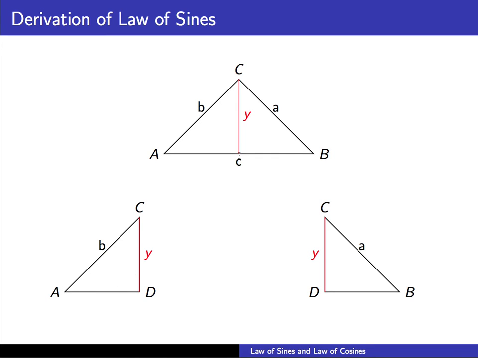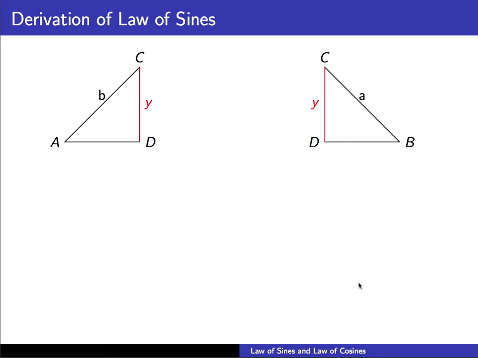We'll call this intersection point D. So we have the right triangle ADC on the left, and on the right we have right triangle BDC. Notice that the height is the same for each triangle, so we didn't really change anything. The triangle on the left has side b as the hypotenuse. The triangle on the right has side a as the hypotenuse.